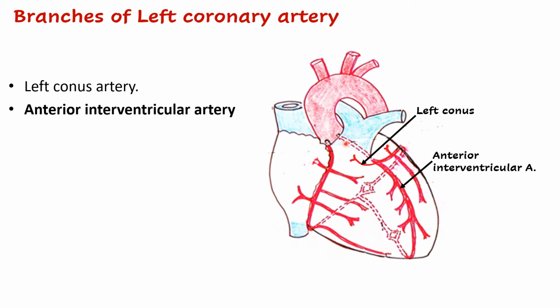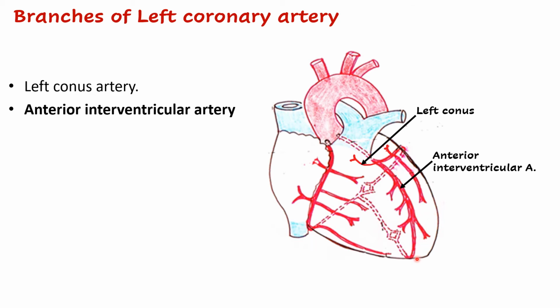Then after a very short course, the left coronary artery divides into the anterior interventricular artery and the circumflex artery. So here we can see this branch, the anterior interventricular artery. As the name suggests, this is going to run in the anterior interventricular sulcus between the right ventricle and the left ventricle.